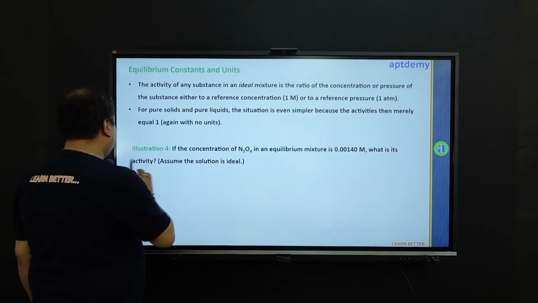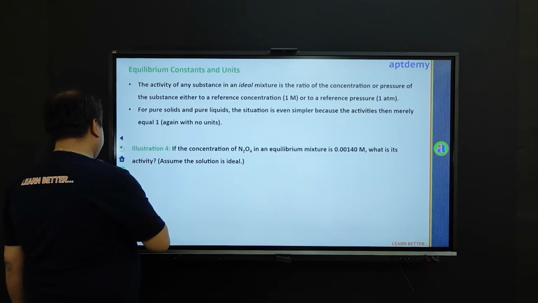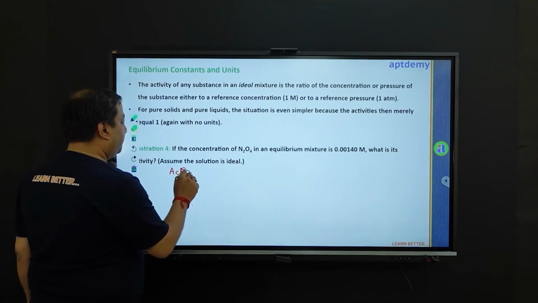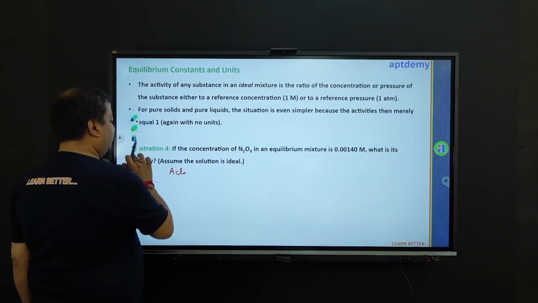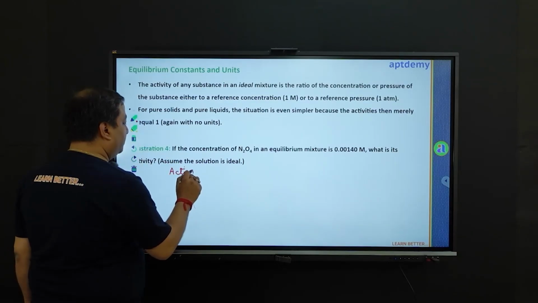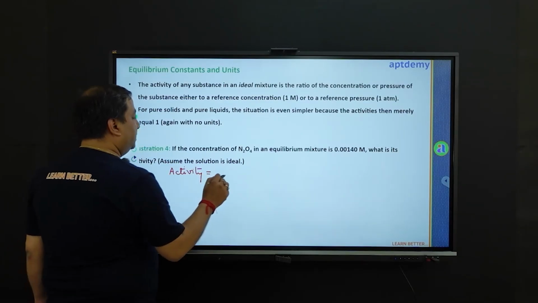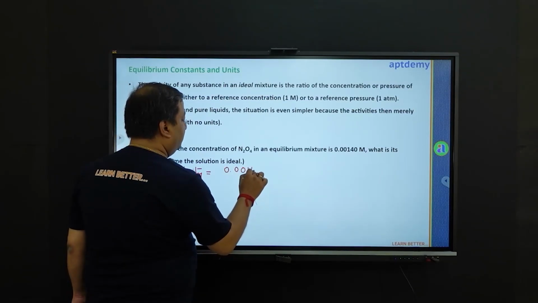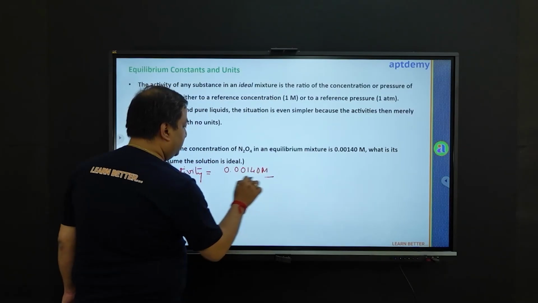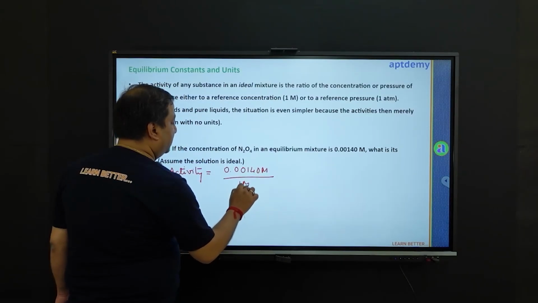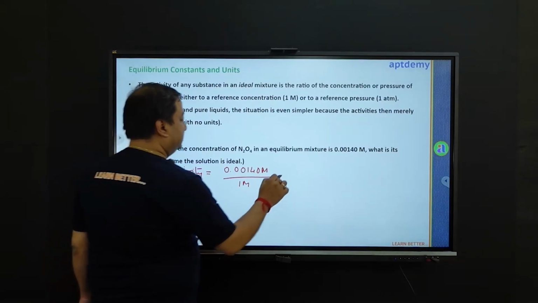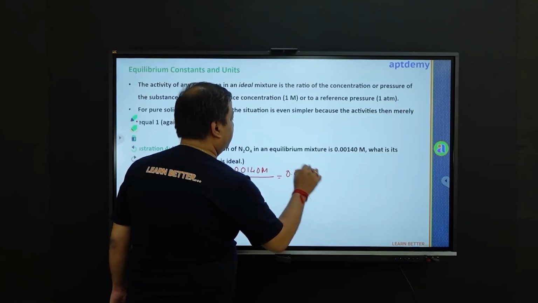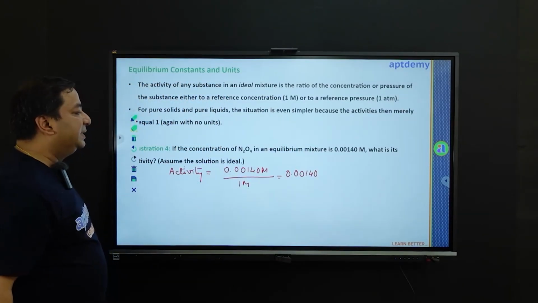So we will say activity will be 0.0014 molar over 1 molar, that is equal to 0.00140. Okay, that is what we will write.